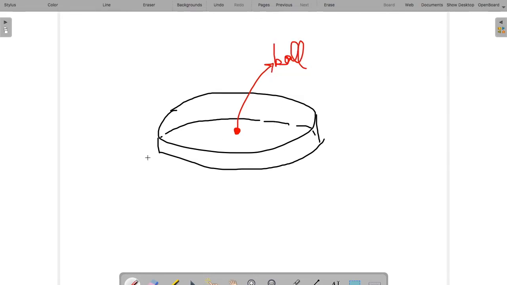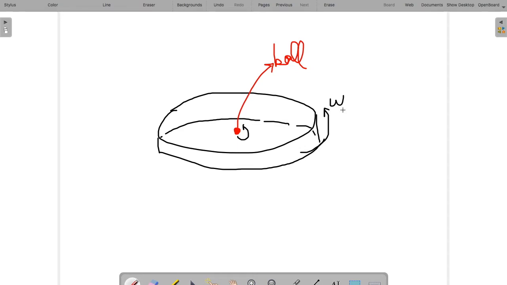And then you start shaking or rotating this one like this. So you take it with your hands and you start rotating it. What happens is the ball itself will start to rotate.